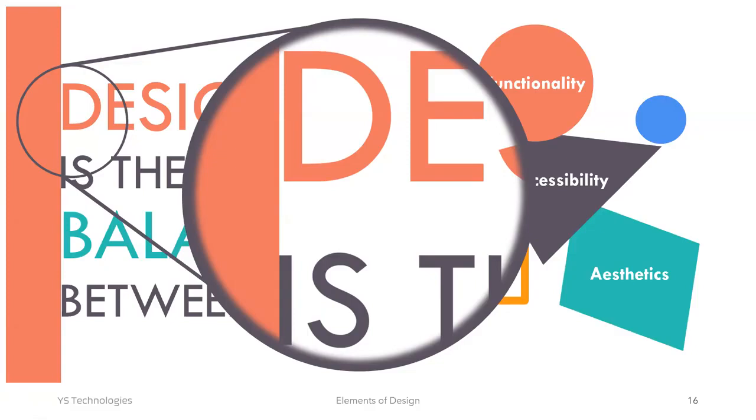Now, this is not because there is an extra space before the D. It's because the D and the letters below, they are of different font size. Therefore, the empty space around that letter has changed.